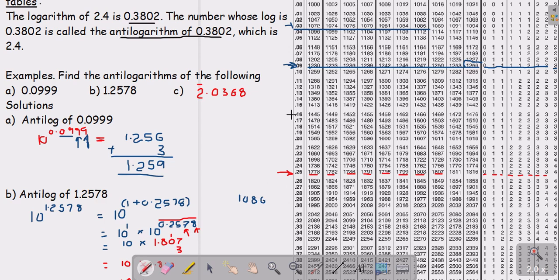Okay, then we add what is there on the 8th column. On the 8th column there is a 2, so we are going to add on that one there.